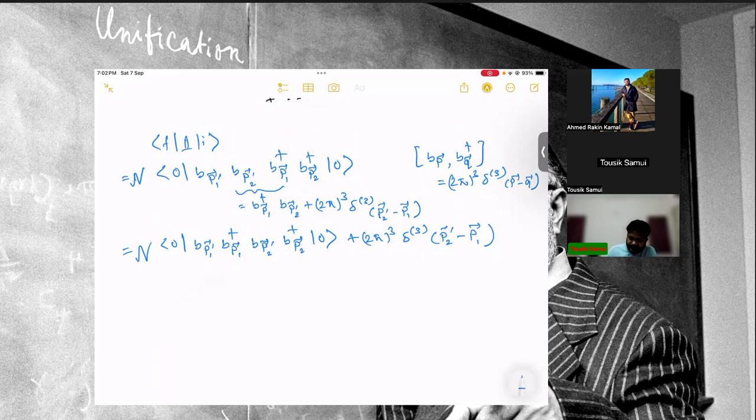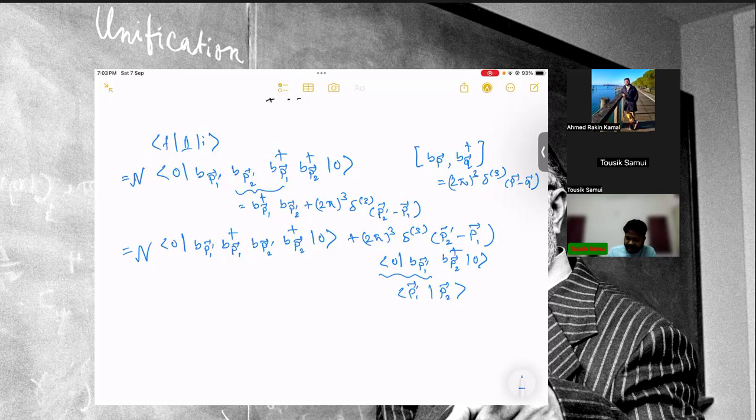And then the second term will give me <0| ... 1 prime, and then the dagger |0>. Now the second term, we see that this is nothing but p1, b let us say, and this is p2, with appropriate normalization.